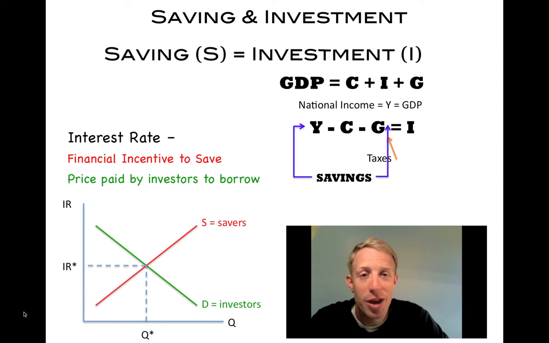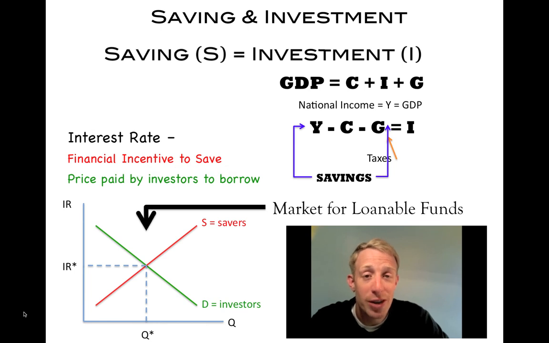That leaves us with one thing. What is this market called? Well, this is the market for loanable funds. Loanable funds, those are the things that get lent to investors. The things that savers have that investors want. And when we match those two things up, our financial system works pretty well.